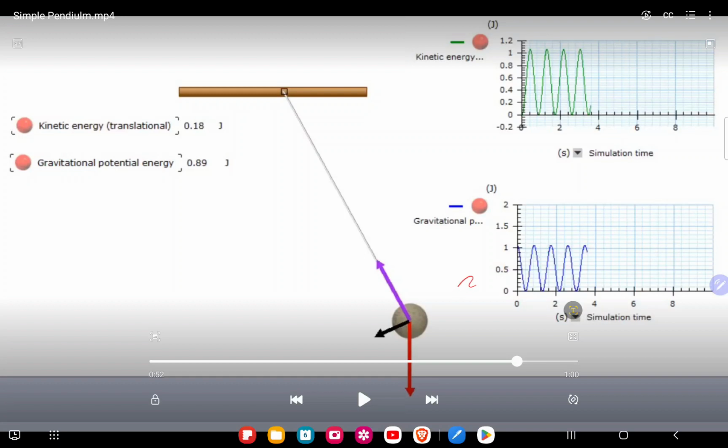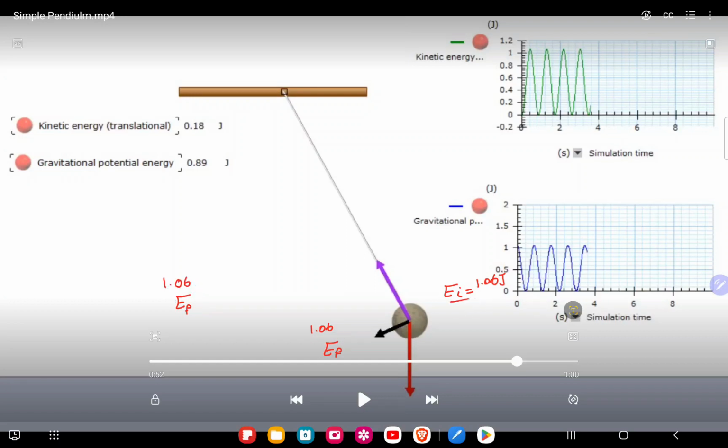The energy at this position has to equal the energy at this position, and at this position. The energy in this case is equal to 1.06 joules. At this position it's 1.06, and at this position it's 1.06.